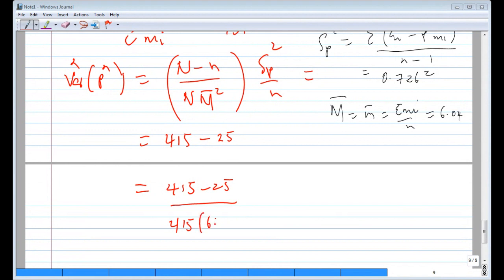So it's 6.04, then it's squared. Then you multiply everything by s_p squared, which is 0.726 squared. Then you divide it by the sample size, which is 25. Then give me the answer. 5.43 times. So what? Come again?